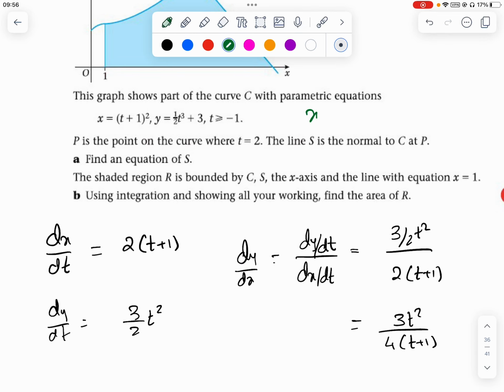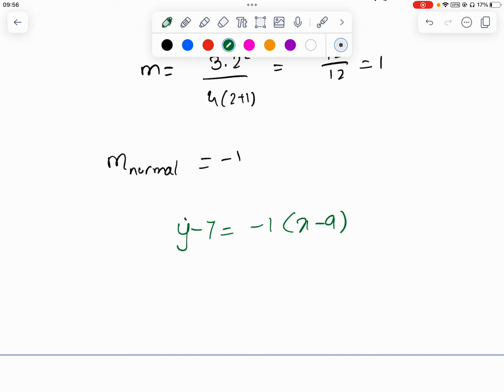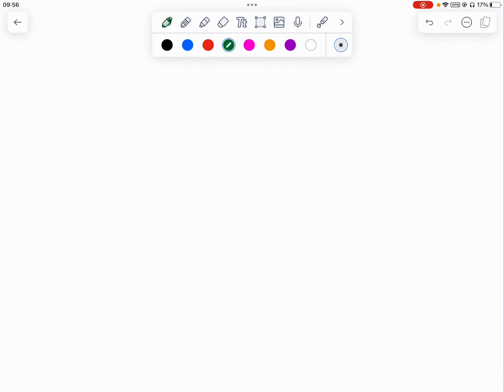So x will become 1 plus 2 plus 1, 3 square, 9, and y will become 1 upon 2 times 2 cube plus 3, which is nothing but 7. So the equation will be y minus y1 equals to m times x minus x1. So it becomes x plus y equals to 16. That is the equation of the normal.